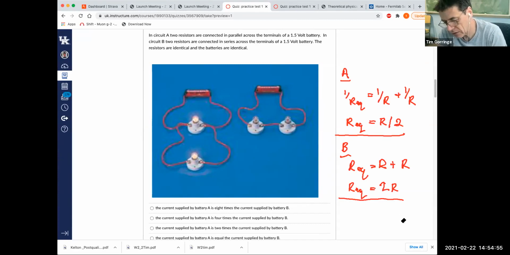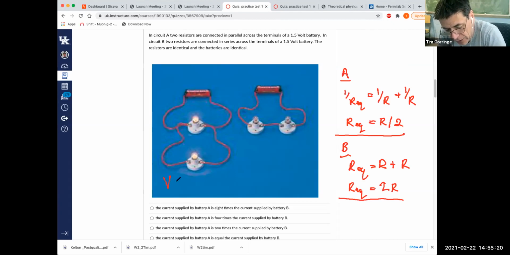So now we know the resistances, R over 2 or 2R, we can figure out the currents using Ohm's law and knowing that the resistor networks are connected across the terminals of identical 1.5 volt batteries. So over here on the left-hand side, let me write down Ohm's law there.